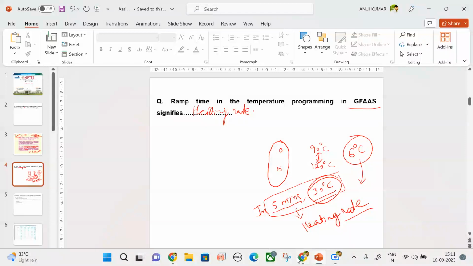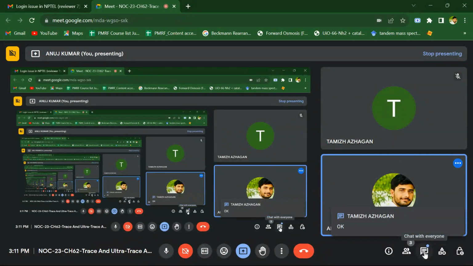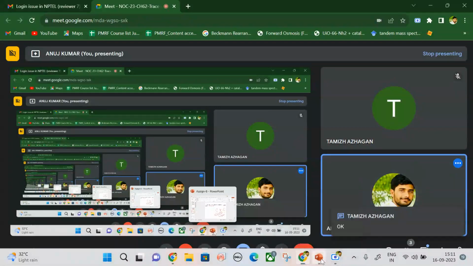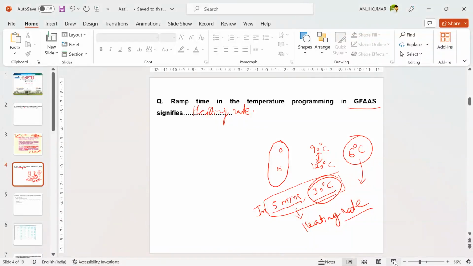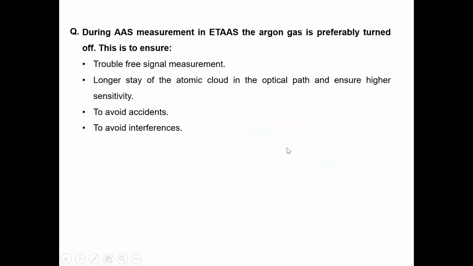If it is clear, I will proceed to the next one. So the next one is: during atomic absorption spectrometric measurement in electrothermal AAS, the argon gas is preferably turned off. This is to ensure what?